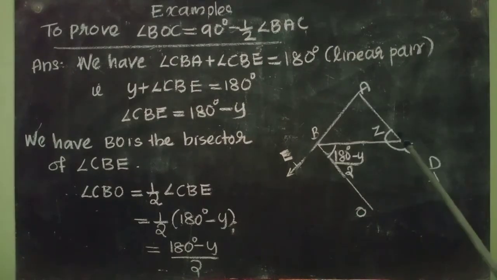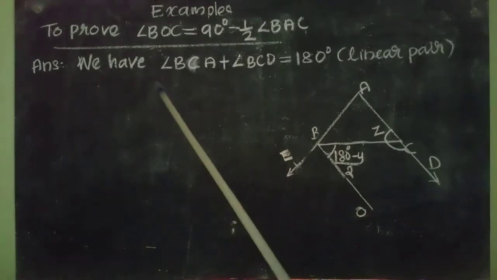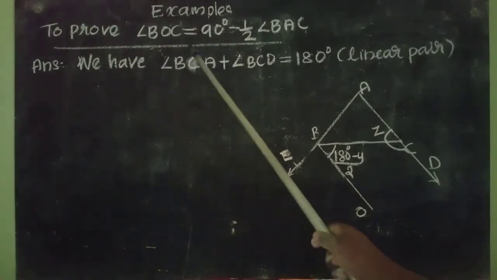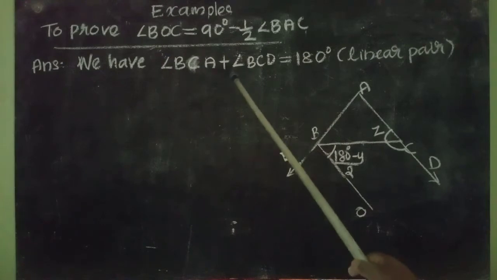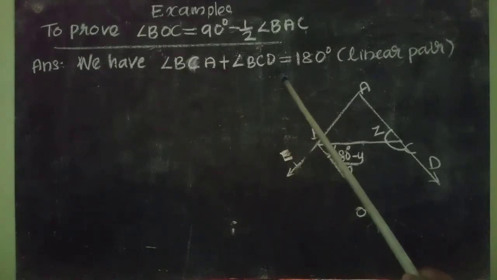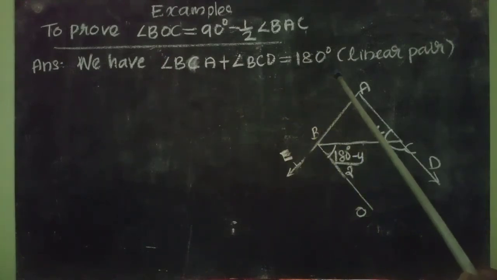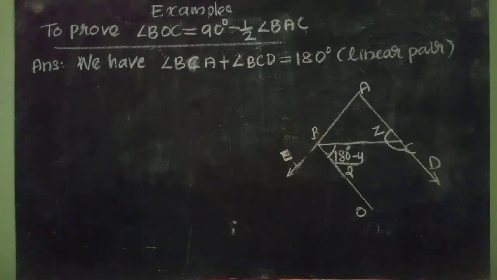The same idea let us apply on the other side also. Consider this angle Z and this angle BCD. They are together forming a linear pair, so their sum also equals 180 degrees. So let us write: angle BCA plus angle BCD equals 180 degrees, linear pair.